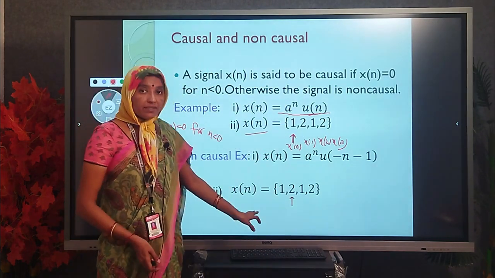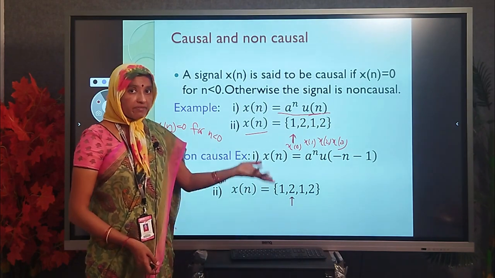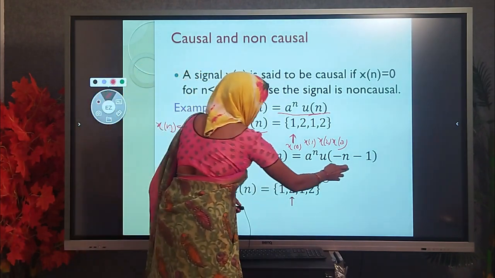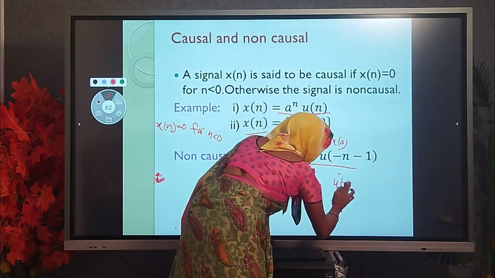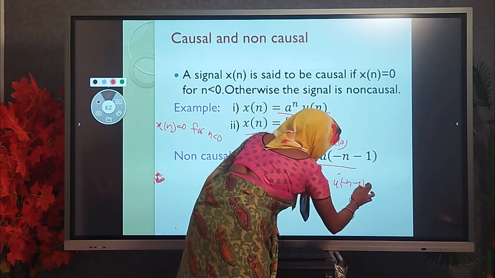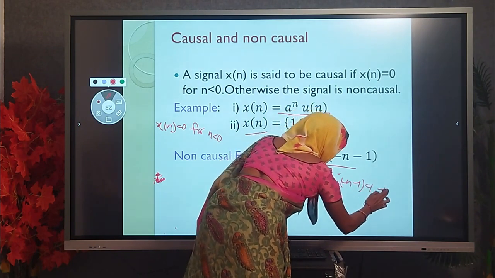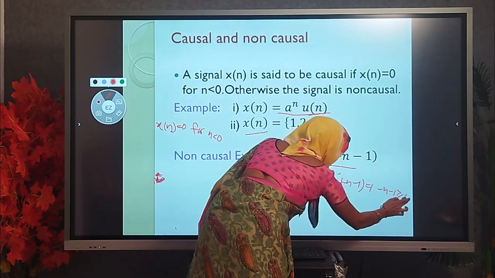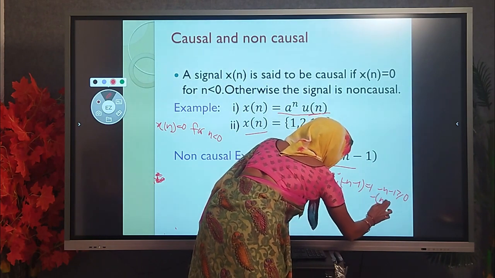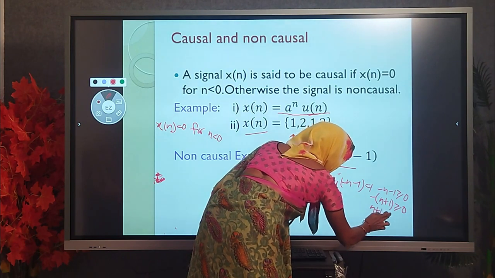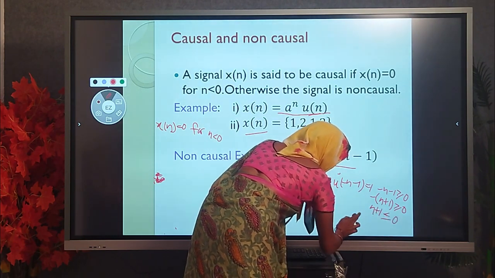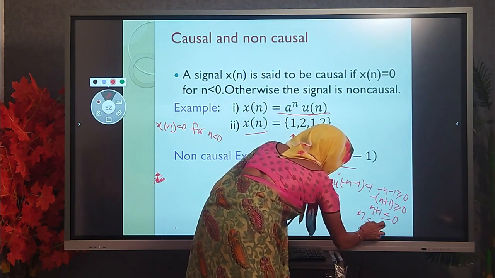And non-causal means the signal exists for negative values of n also. For example, a power n into u of minus n minus 1. See, u of minus n minus 1 exists for minus n minus 1 greater than or equal to 0, means minus of n plus 1 greater than or equal to 0, n plus 1 less than or equal to 0, means n less than or equal to minus 1.